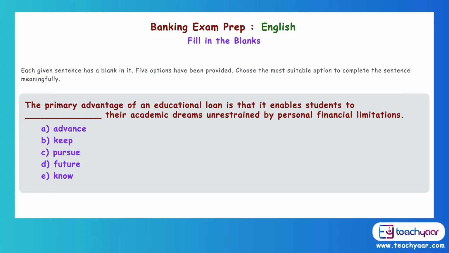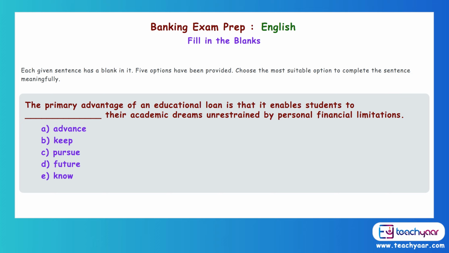So you should know the meanings of these words. Then only you will know which is the right word, the appropriate word, which will fit into that blank. So let's see the words. Advance. Advance is to move forward. So the primary advantage of an educational loan is that it enables students to advance their academic dreams.